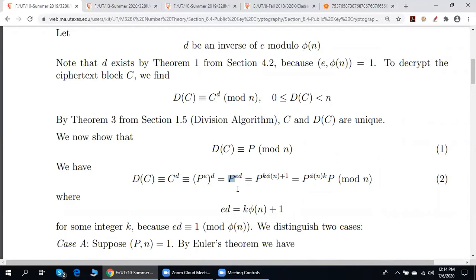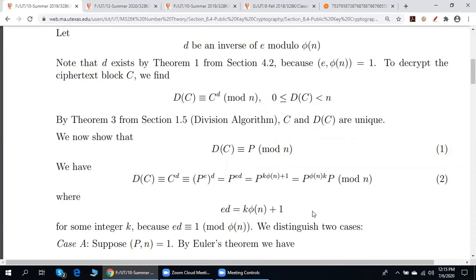Next, we will discuss in a moment the following: ED is equal to k times phi of n plus 1. We will discuss it in a moment once again. This is how we jump from here to here. Once again, we jump from here to here thanks to this formula.